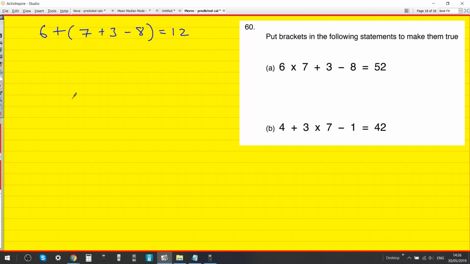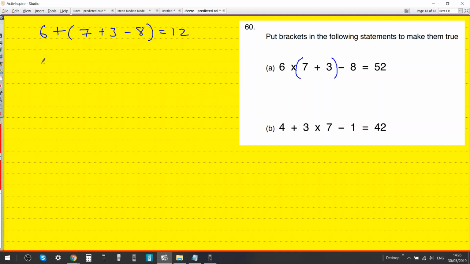So 6, brackets, 7, close brackets, minus 8. Oh, I got it. So it was 6, and then brackets 7 plus 3 close brackets, minus 8. That's it.